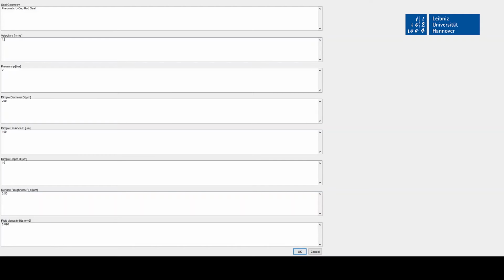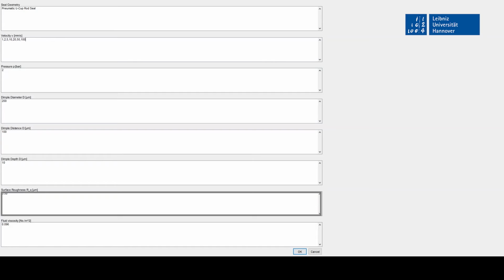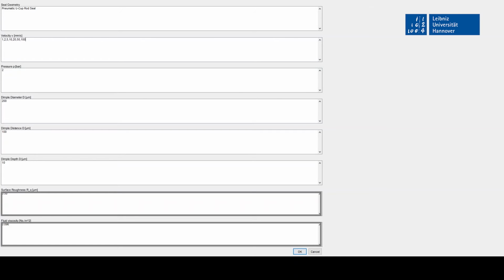Initially, the seal, fluid, and operating conditions like the seal geometry, the velocity, and the dimple textures are specified. Some of the input parameters, such as the seal surface roughness and the fluid viscosity, are based on experimental measurements which were performed in a previous step.